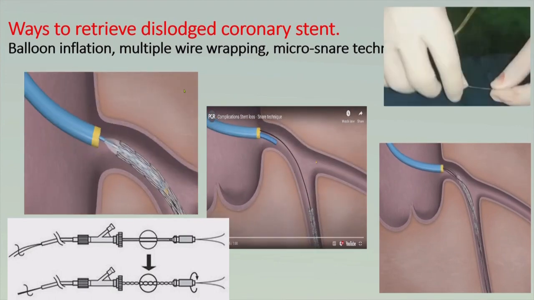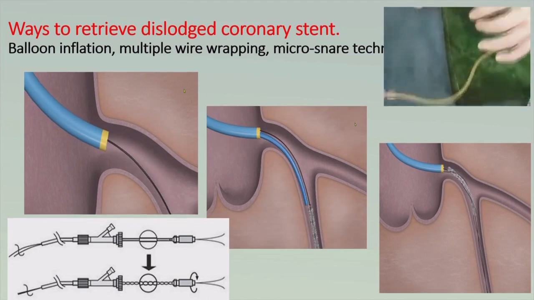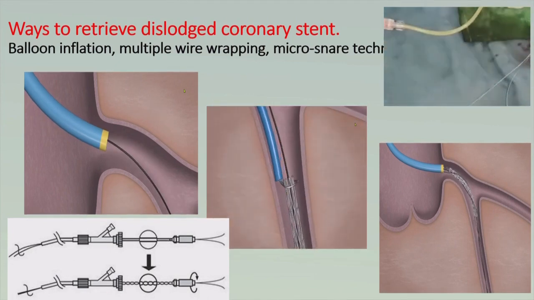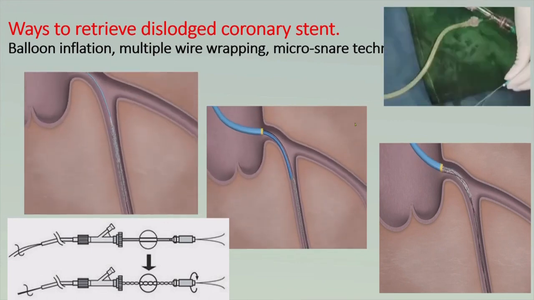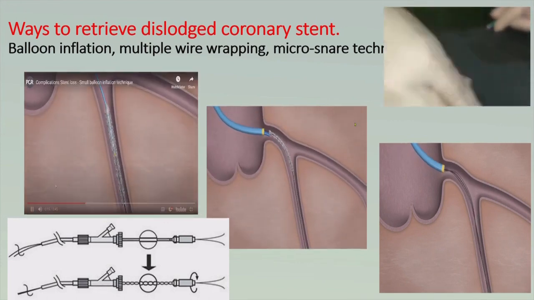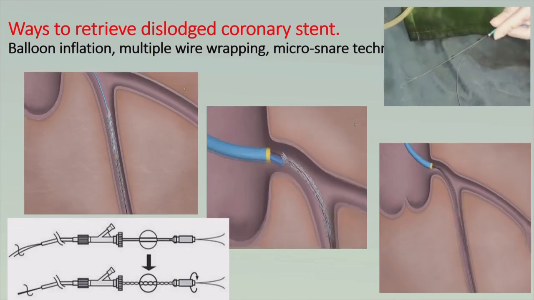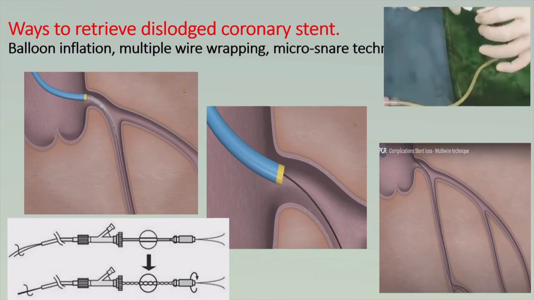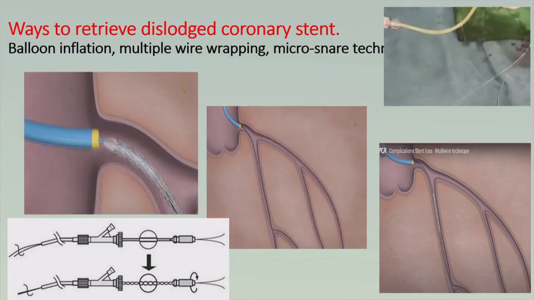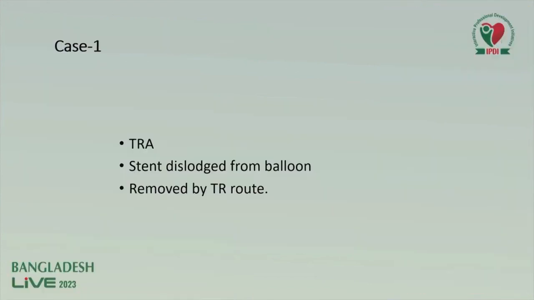Otherwise the whole thing may produce thrombosis that may be difficult to manage, and the whole system may have slow flow, no reflow, or a lot of injury to the vessel.